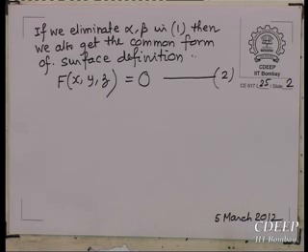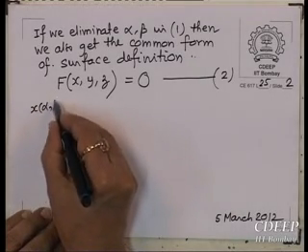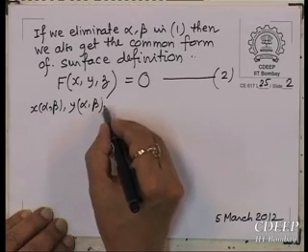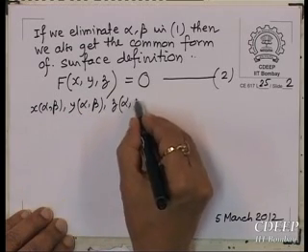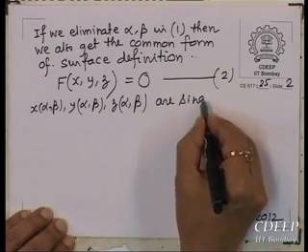And of course there are the usual conditions in mathematics: x, y and z are single valued. That is, x which is a function of alpha and beta, y which is a function of alpha and beta, and z which is a function of alpha and beta are single valued.